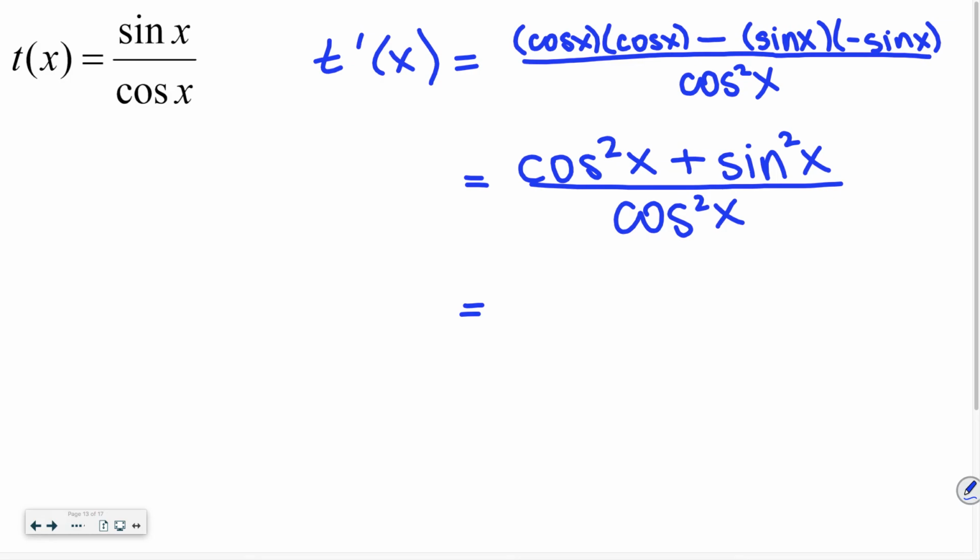And this is just what? Would it just be secant squared?